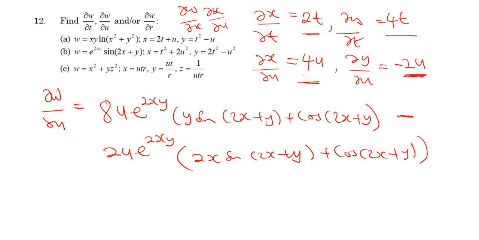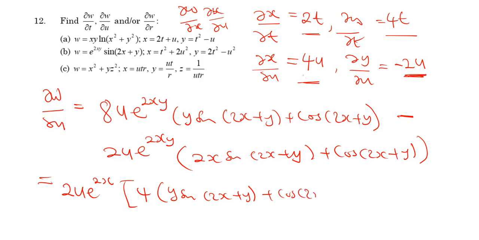Then from here I can factor out what is common. I can see a 2u e to the 2xy is common in both parts, so this leaves me with 4, then u sine 2x plus y, plus cos 2x plus y, close, then minus.